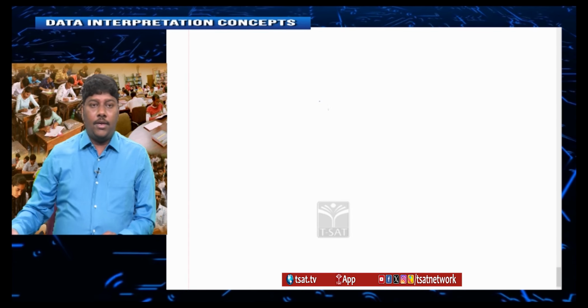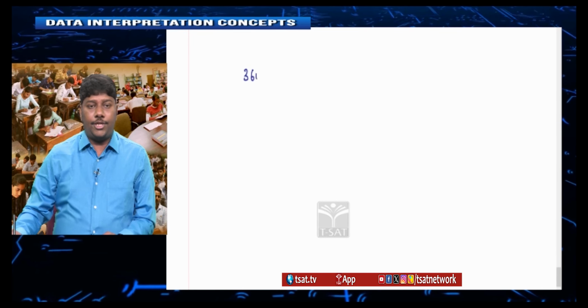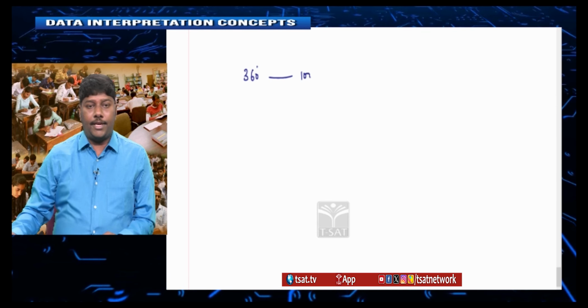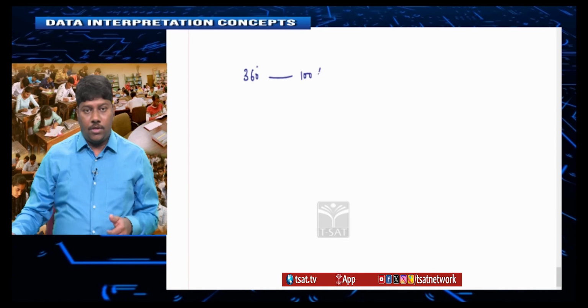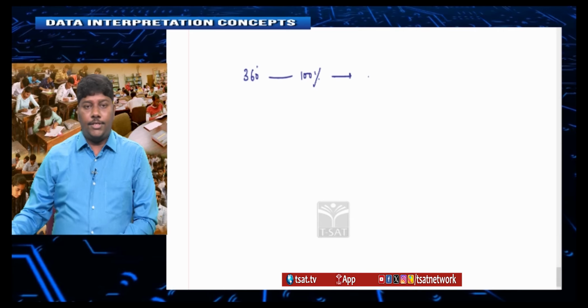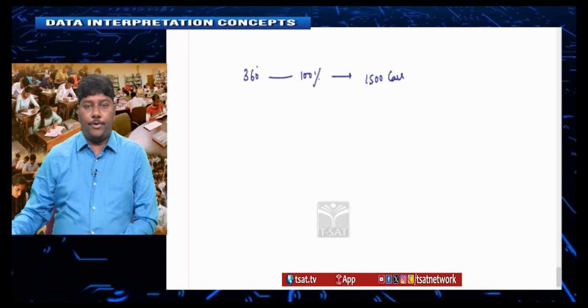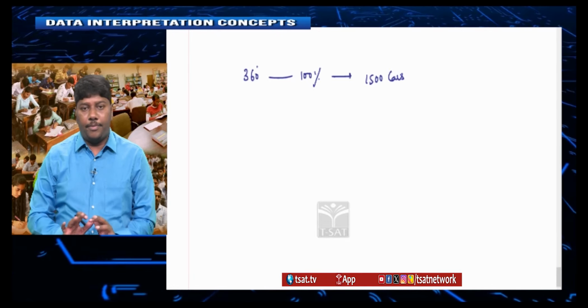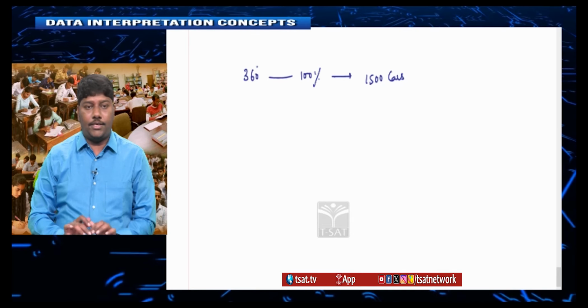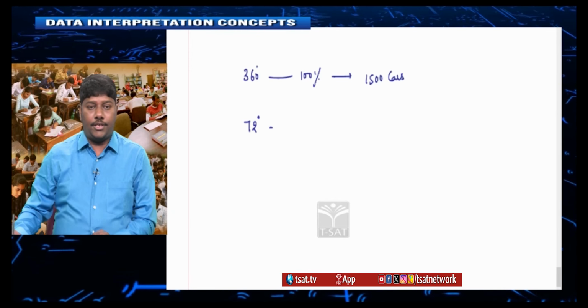And finally, how is proportion useful in this? They'll give you 360 degrees to 100% to some data. Let's say the cards produced is 1500 cards. Your total cards that you are producing in that pie chart or representing in pie chart is 1500 cards. Now if I give you only 72 degrees, how much percentage?